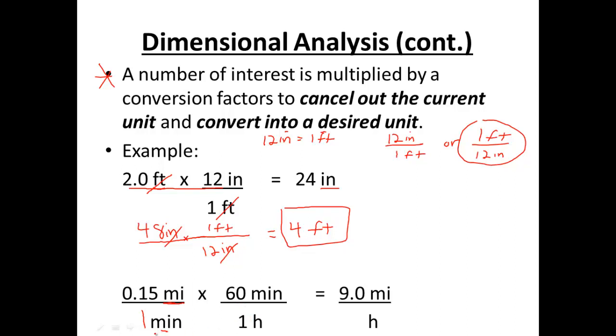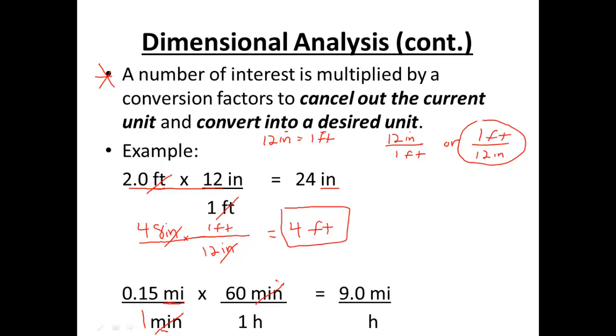We can set up so that the minutes on the bottom cancel the minutes on the top. If we multiply numbers on the top, 0.15 times 60 divided by 1, gives us 9, and now it's 9 miles per hour instead of 0.15 miles per minute. So in the end, you can convert units that are on the top of the fraction or on the bottom.